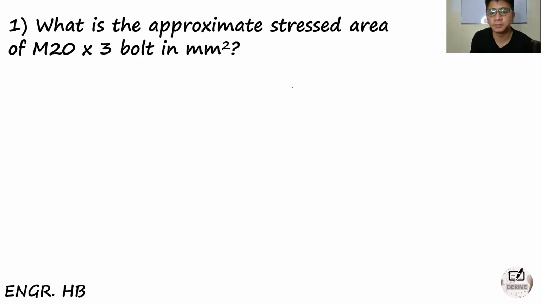What is the approximate stress area of M20 by 3 bolt in square millimeter? This topic is under threaded members or fasteners that involve bolts and screws. We all know that we have an approximate formula for the stress area of a bolt: pi over 4 multiplied by (D minus 0.9382 pitch) squared.